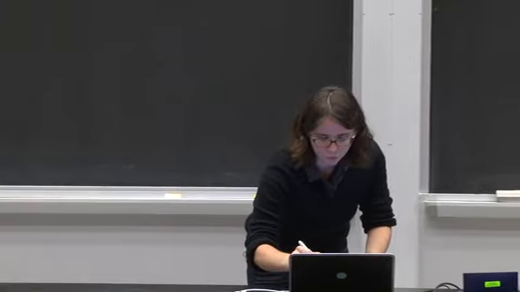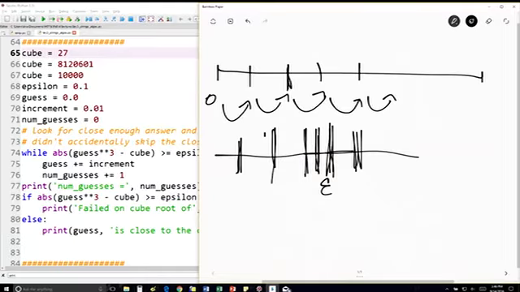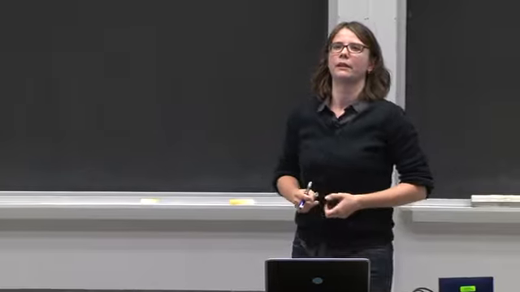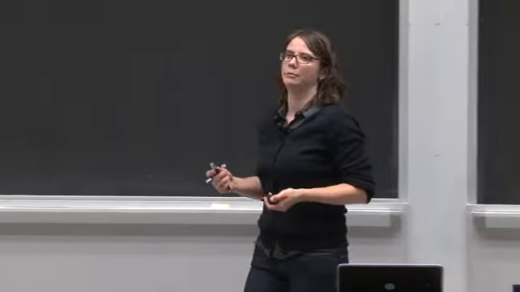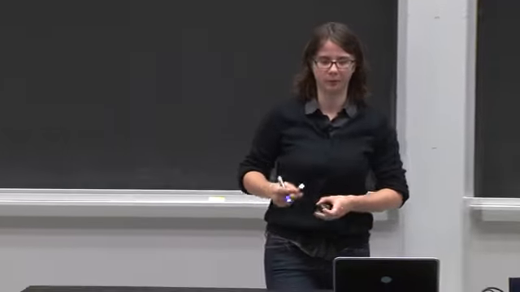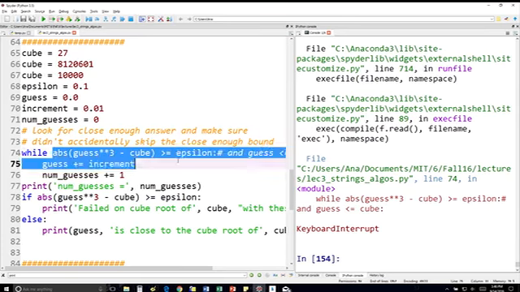And once I've become too large or too far away from epsilon, the guesses I continue to make are just going to be even farther away from epsilon. And I'm not going to get to my answer. And that's why I've reached an infinite loop in this code. All I'm doing in this code is checking whether my guess cubed minus cube is less than epsilon.